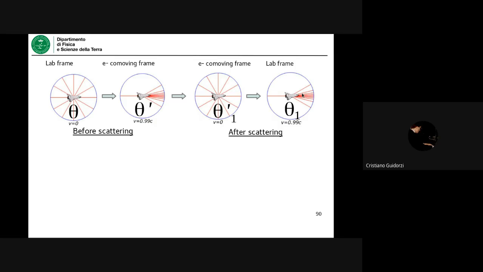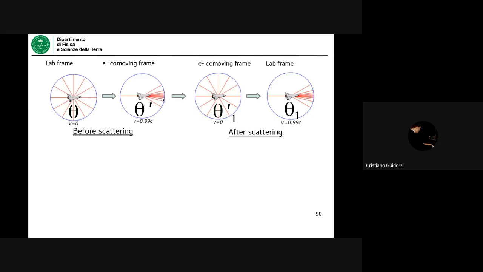That should immediately make it more understandable why there is such a huge gain in energy. So you see that the key passage is the capability of Thomson scattering in the moving frame of the electron to isotropize. You have an initial distribution which is everything but isotropic.